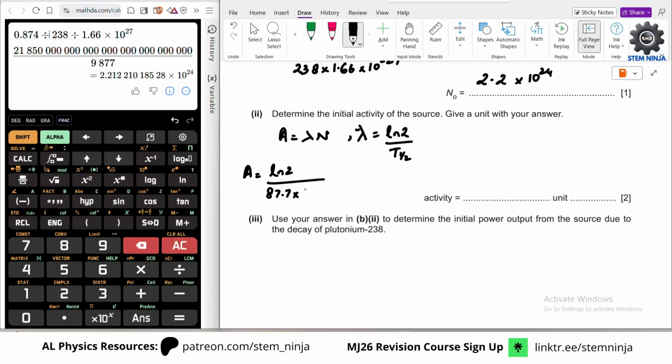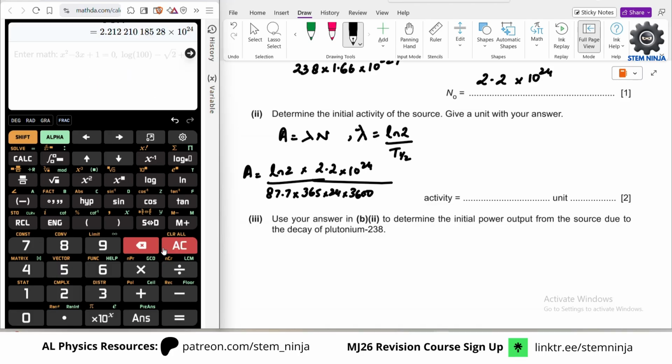So this is years, 365 days, 24 hours, and 3600 seconds per hour, times 2.2 times 10 raised to power 24. So we keep this saved.